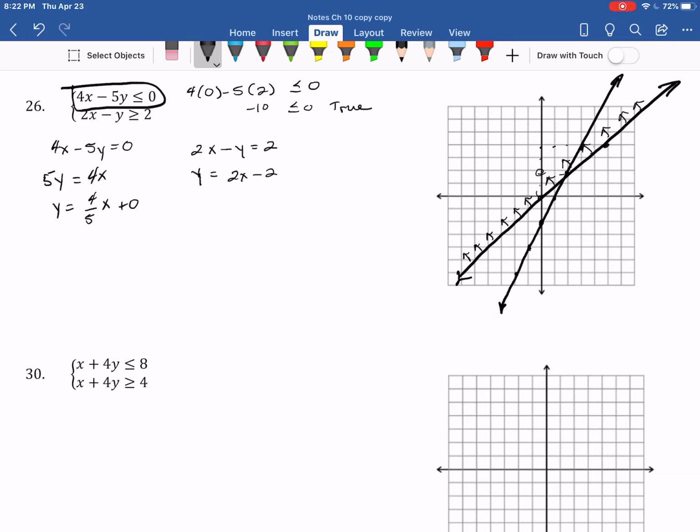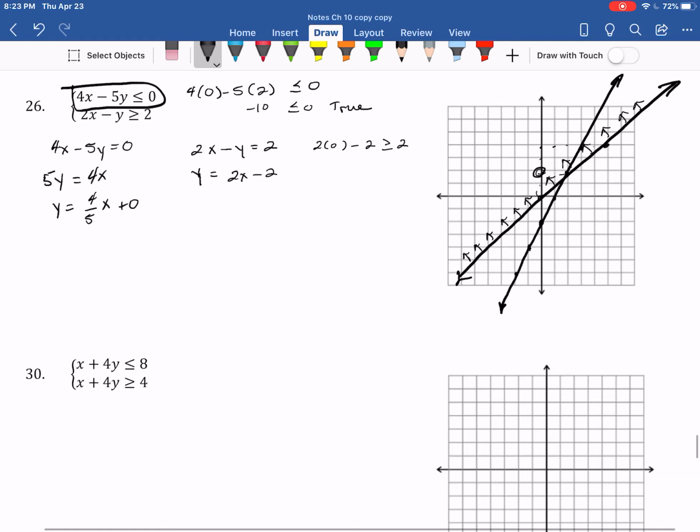Okay, so now you got to decide, well, on that second line, do I really want all of the ordered pairs above it or below it and to the right? And you're going to do the same process. You're going to choose a test point. We can use the same exact test point if we want. 0, 2, plug the value 0 in for x and 2 in for y, and tell me if it comes out true or false. And so in that case, you're going to have 2 times 0 minus 2 for y is greater than or equal to 2.